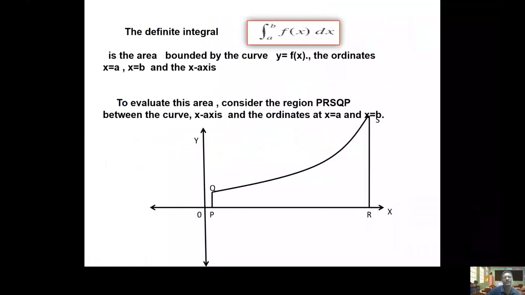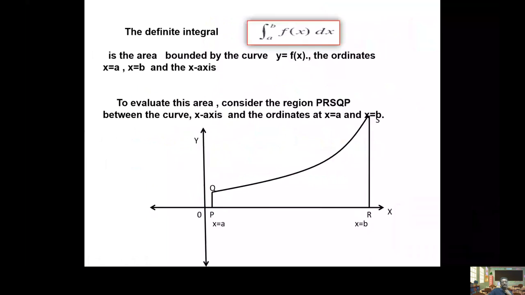The definite integral from a to b of f of x dx is the area bounded by the curve y equal to f of x, the ordinates x equal to a and x equal to b, and the x-axis. To evaluate this area, consider the region PRSQP and the ordinates at x equal to a and x equal to b.